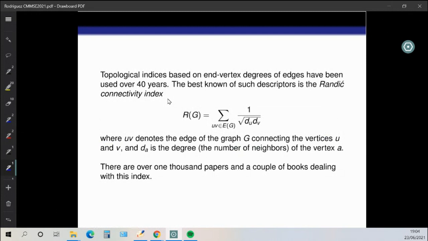The best known of such descriptors is the Randić connectivity index, or simply Randić index, defined in this way, where uv denotes the edge of the graph connecting the vertices u and v, and d_a is the degree, the number of neighbors, of the vertex a. There are 1,000 papers and a couple of books studying this index.